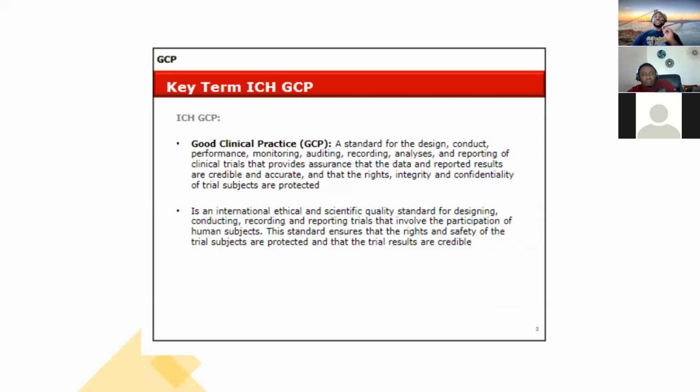Now, not every patient in a clinical trial will want their medical records out in the world, for people to know that they are in a clinical trial, just like not everybody who has cancer likes to tell everybody that they have cancer. So their participation in a clinical trial has to be protected, their confidentiality and their rights.